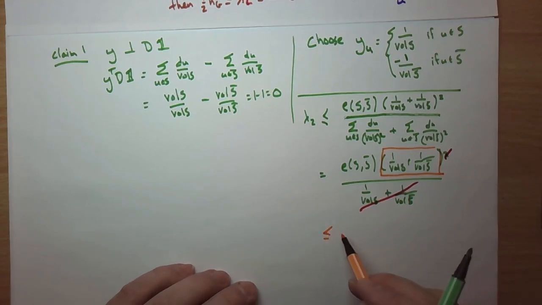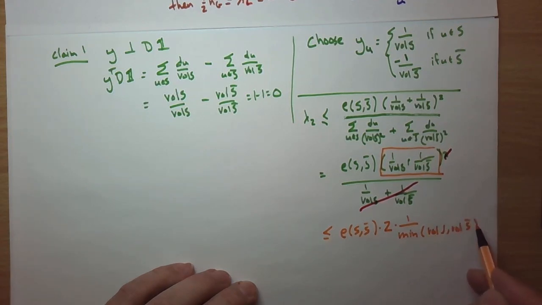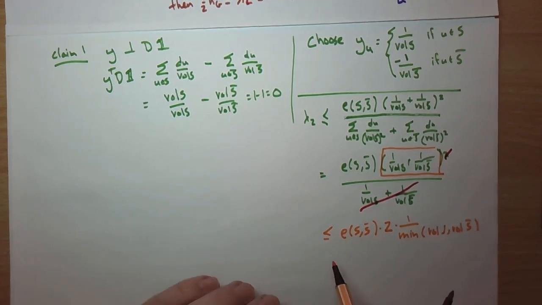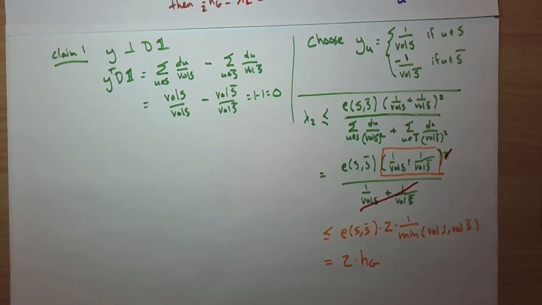And then if I just take the smaller of the two and do it twice, so 2 times 1 over the min of volume of S and volume of S complement, then I have a less than or equal to. And now at this point I say, but that is 2 times the Cheeger constant h_G, which is what we wanted. So lambda 2 is less than or equal to 2 times the Cheeger constant.